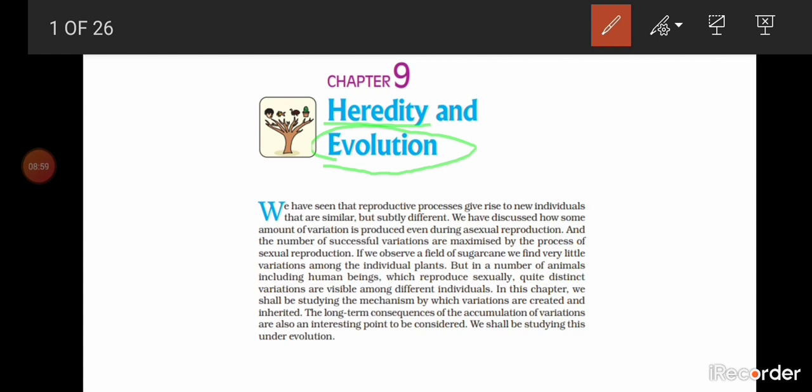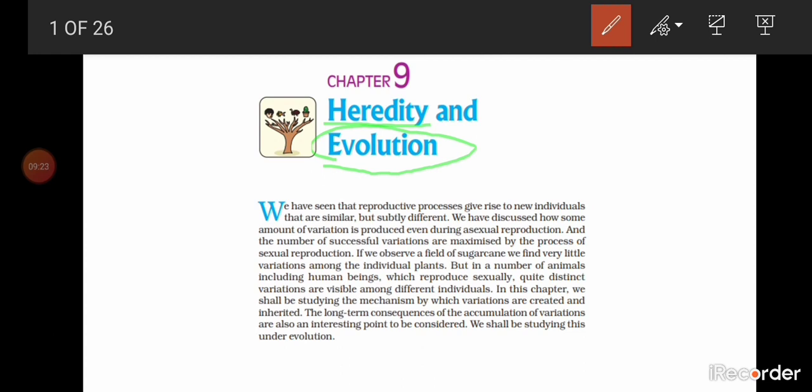So we know variation means slight changes in the next generation. You are not similar to your parent, you are slightly different from your parent. That is variation. Suppose for 100 years or 200 years this cycle continues, and after 200 years, that newborn child is different from your parent, and this is called evolution.